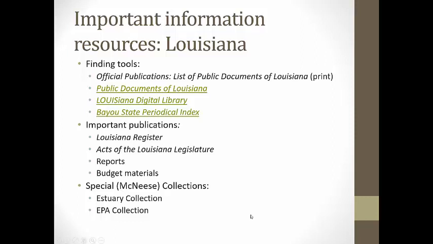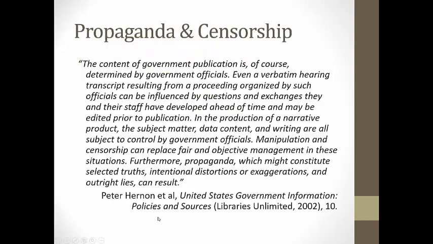We have the Acts of the Louisiana Legislature. This is the official record of laws passed by the Louisiana State Legislature. And then we have Louisiana Reports, and budget materials. We have special McNeese collections, like the Estuary collection and EPA collection, which we already went over before.